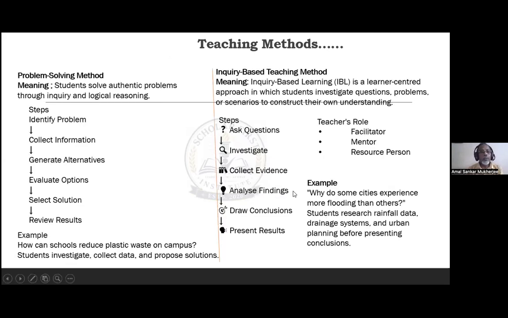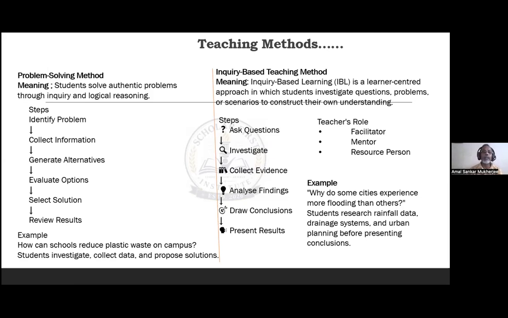Next teaching method is the problem solving method. It is also a very interesting method. In this situation, the same thing, the teacher is not going to teach a particular topic. The teacher generates different problems which can cover the whole topic that is to be taught.